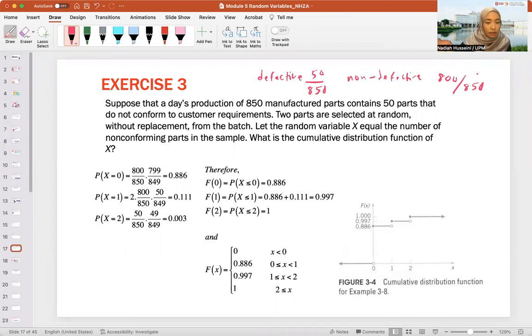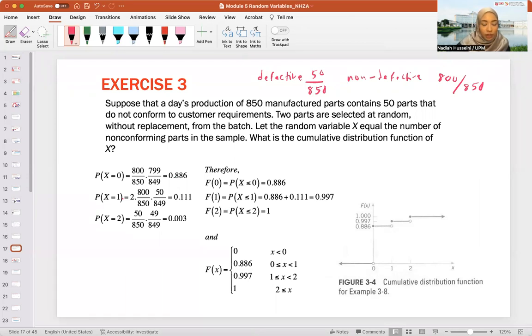So every time you take one out of the pool, you have to subtract one. Okay. So P of x equals 0, probability of random variable x is equal to 0 is 800 over 850. And then when you take one out of the non-defective, you are left with 799 over 849. So this is the probability that both of the items that you choose is non-defective.